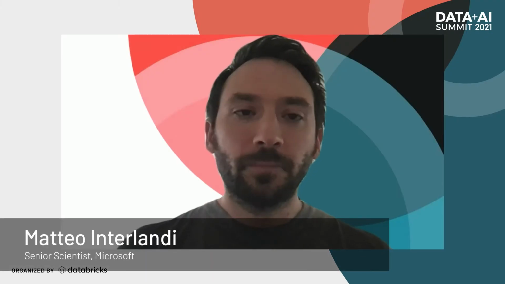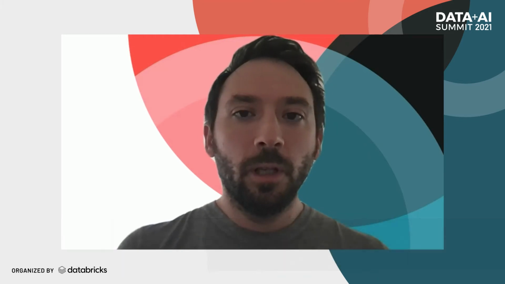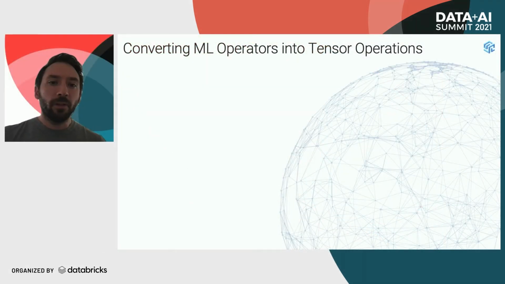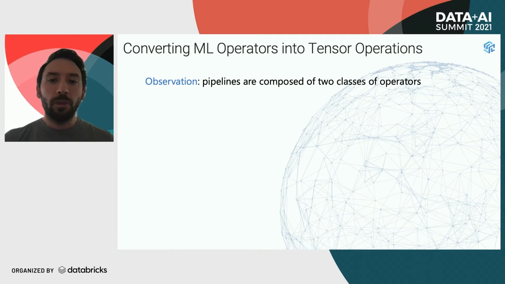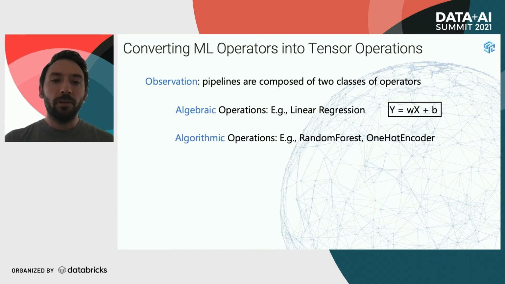Thank you, Carla. Let me explain how Hummingbird works internally. Our observation is that pipelines are composed of two classes of operators. One is algebraic operations. Think of linear regression, where you are basically doing a bunch of matrix-vector multiplications. The second class is algorithmic operations.